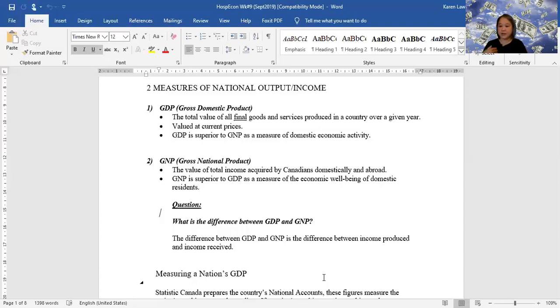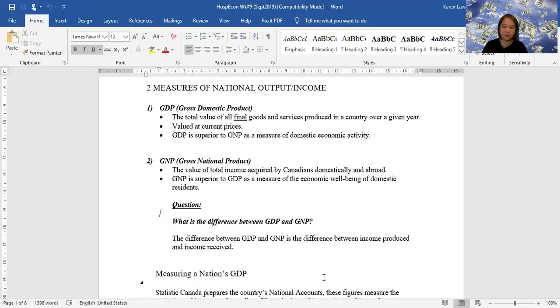My income that I earn in Thailand will show up in Canada's GNP. Even though I am making money outside of Canada, the fact that I pay Canadian taxes and I am still a Canadian resident means that any income that I acquire outside of Canada, I still need to report it. And that shows up in Canada's GNP.